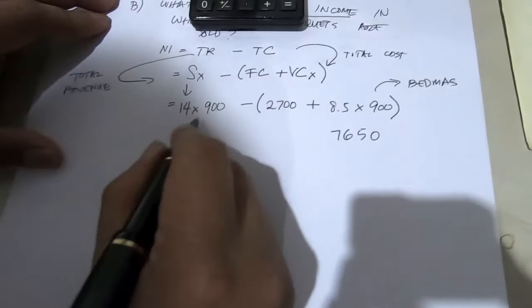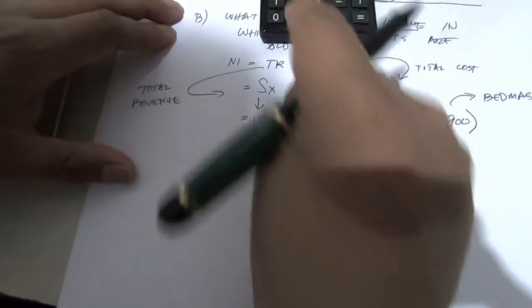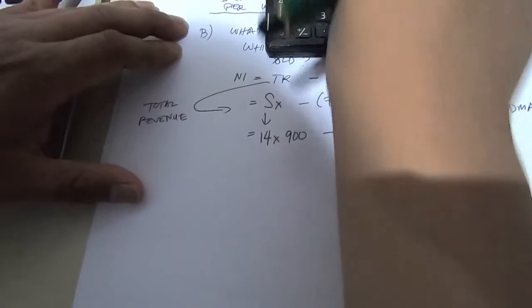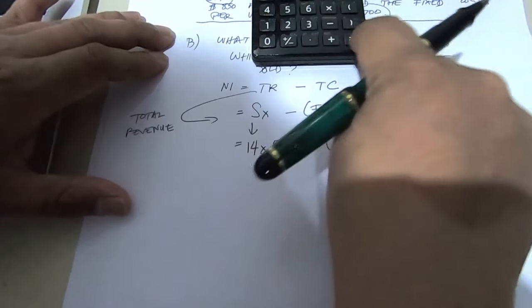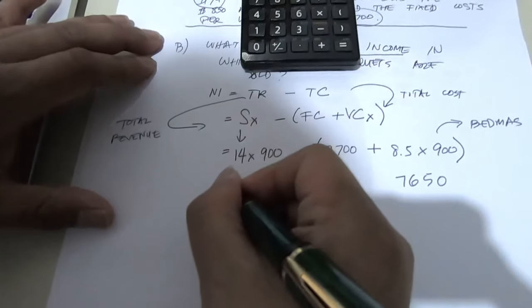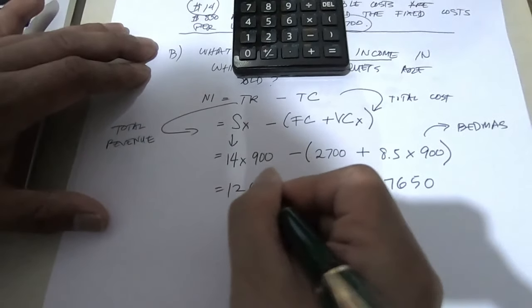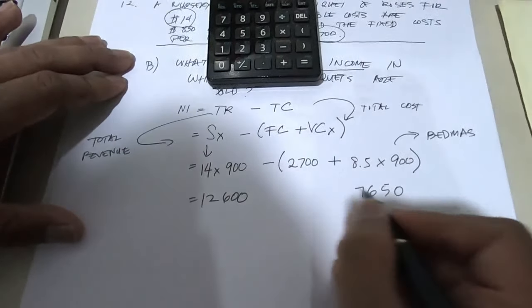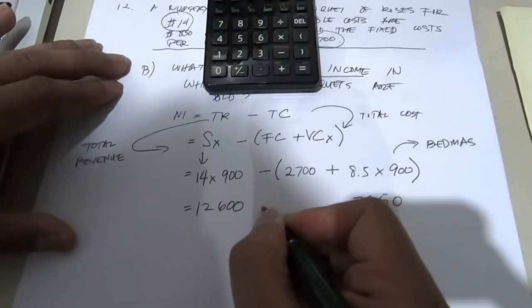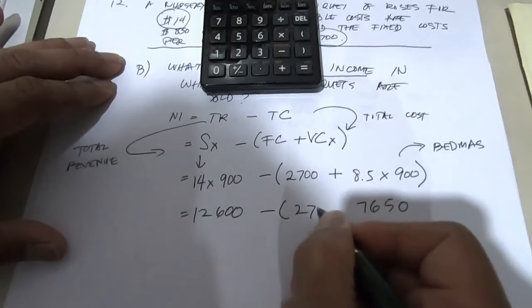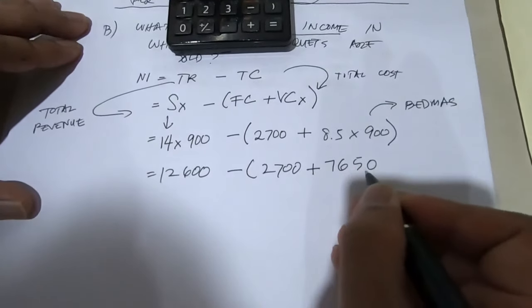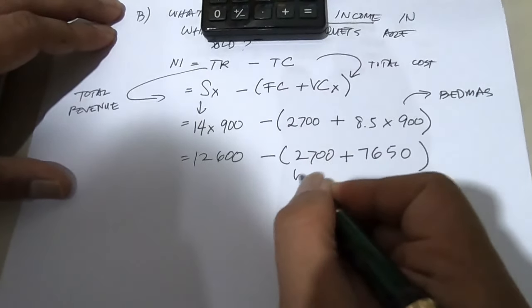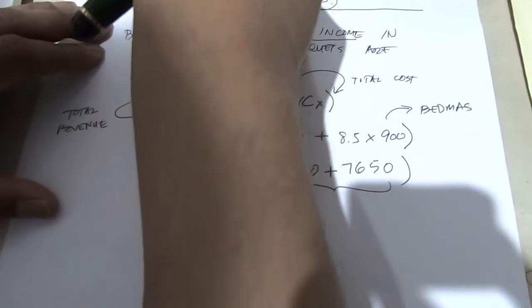Do the same thing over here, this multiplication first. 14 times 900 equals 12,600. Okay, so then minus 2,700 plus 7,650. Add this together here.